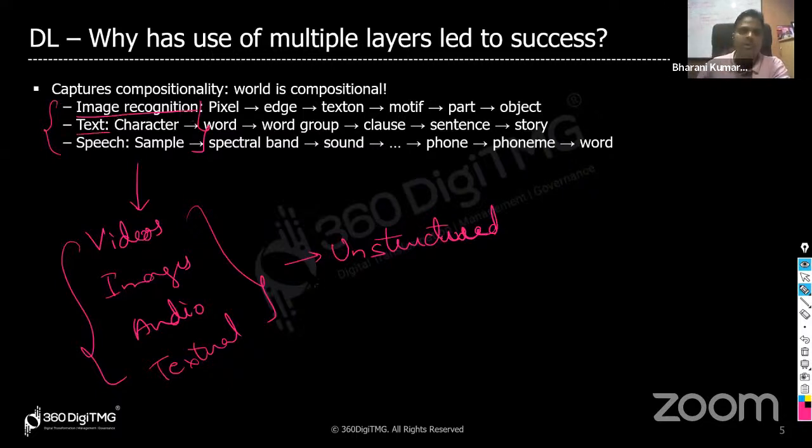Same is the case with textual data as well. When you look at a paragraph, the human brain intuitively looks first at the characters, a group of characters would make a word, a group of words would form a word group. Then you have clauses. Clauses means you end with a comma or semicolon, etc. And then you'll have sentences, and ultimately you'll have stories. That's how it works.